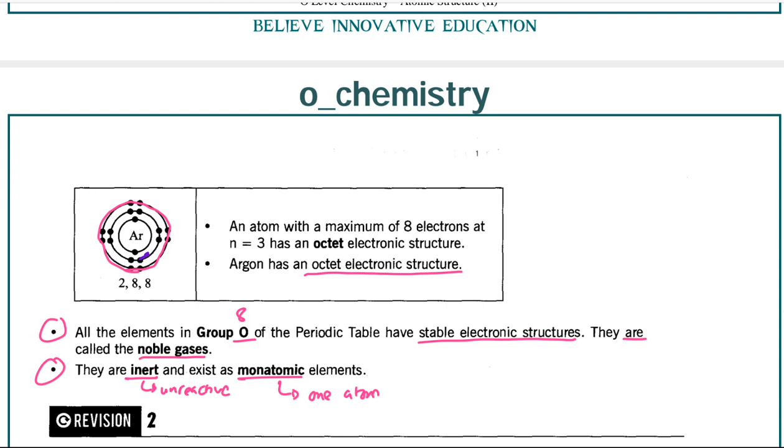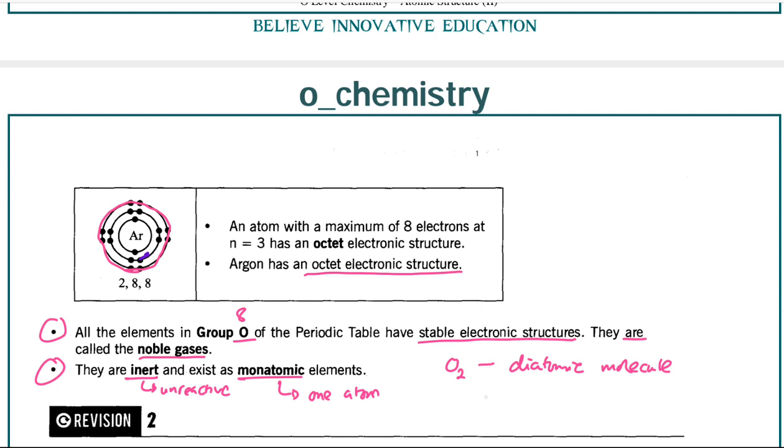You find in other elements such as oxygen, it doesn't belong to the inert gases or the noble gases. It is like this, O2, and that's why we say that oxygen is known as a diatomic molecule.